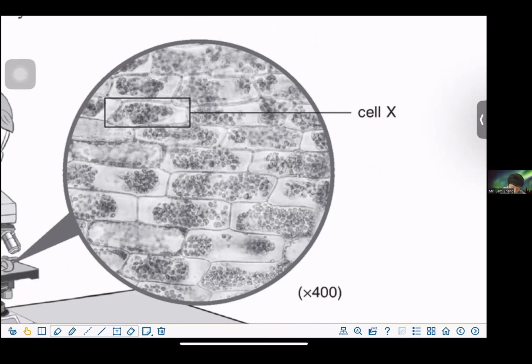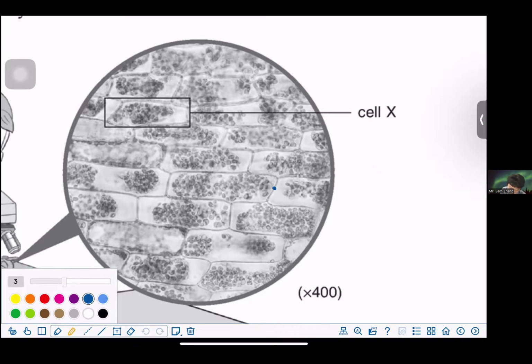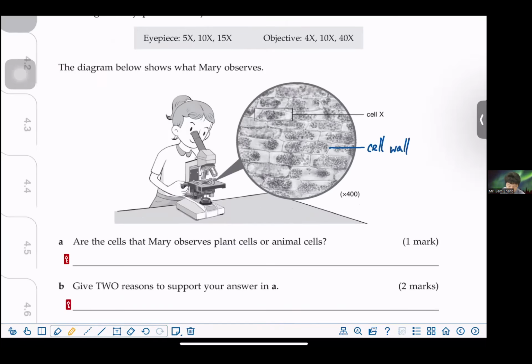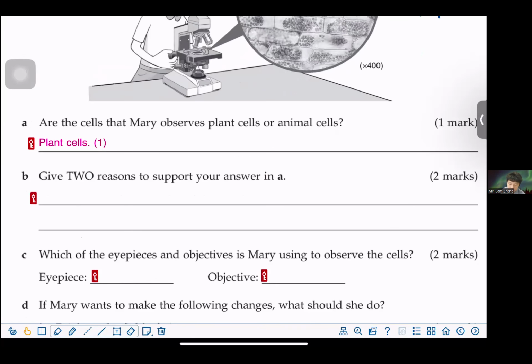We call it the cell wall. As there is the presence of a cell wall, the cells that Mary observed would be plant cells. So, give two reasons to support your answer in A.